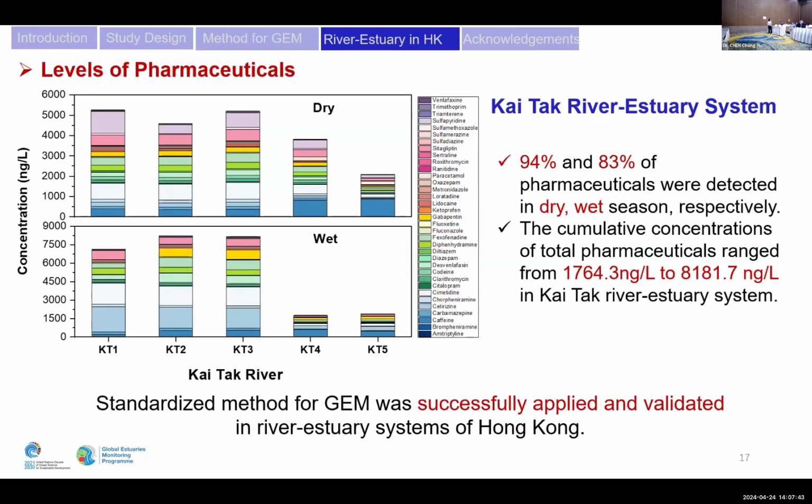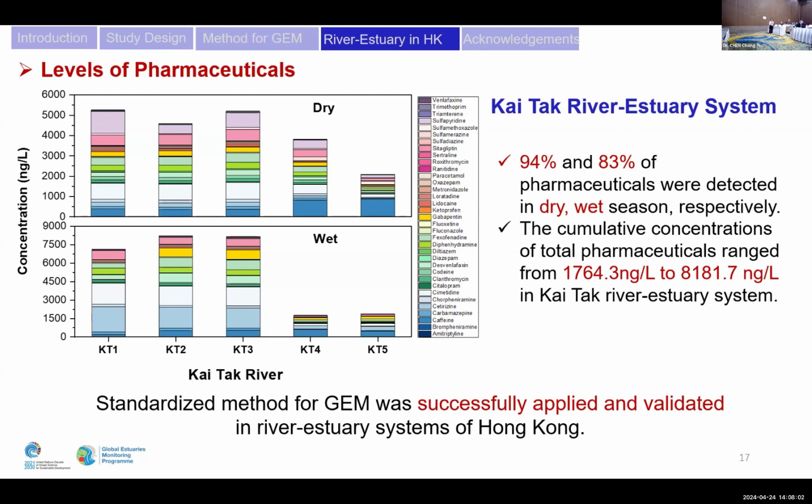Now let's move to the pharmaceuticals in the Caltech River Estuary system. We can find that 94% and 83% of pharmaceuticals were detected in the dry and wet season respectively.